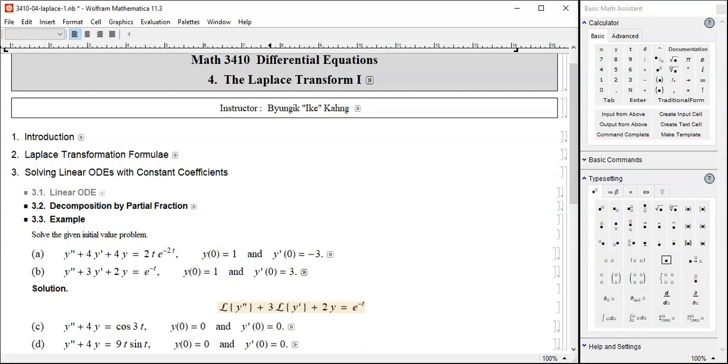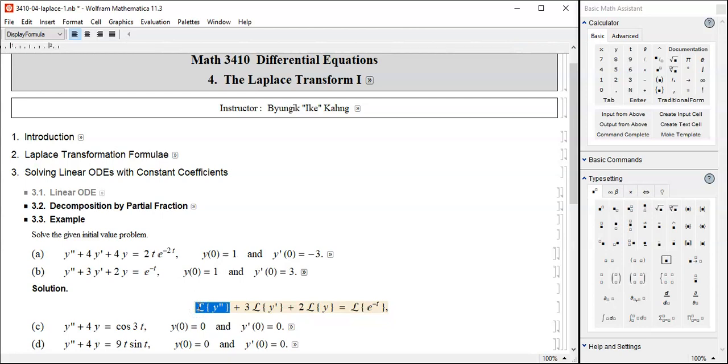First derivative. The original function. And then finally, the right-hand side. And let's do some color coding as well. Second derivative. First derivative. And then the right-hand side.